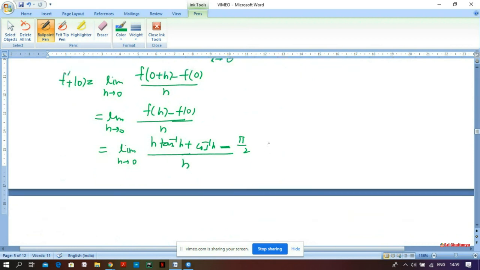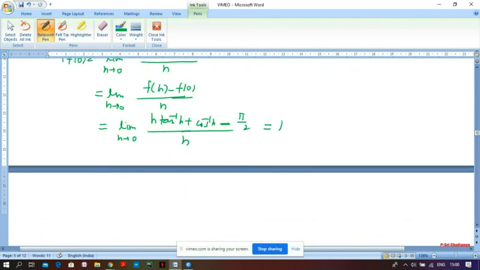So this equals the limit as h tends to 0 of h times tan inverse of h. And mind you, we know that cos inverse x plus sine inverse x is pi over 2. So if I apply this, I will get negative of sine inverse h over h.